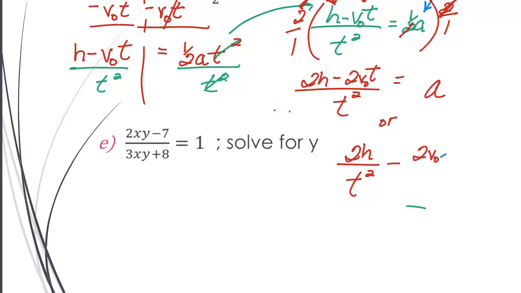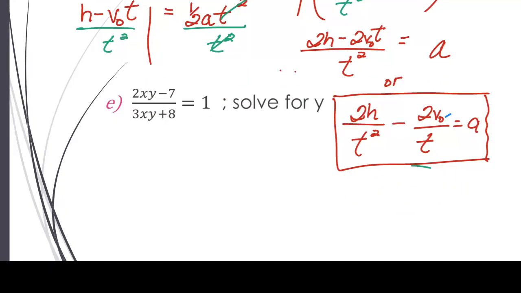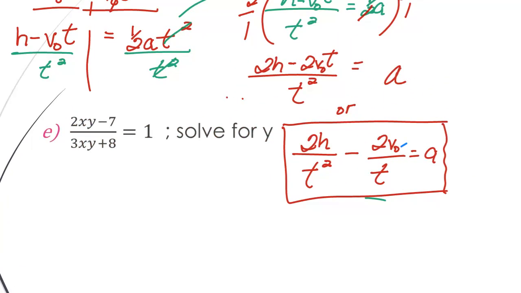Now here you have a t and a t squared, so I could put this over t, and that would be equal to a. All right. Either one of these. Either one.